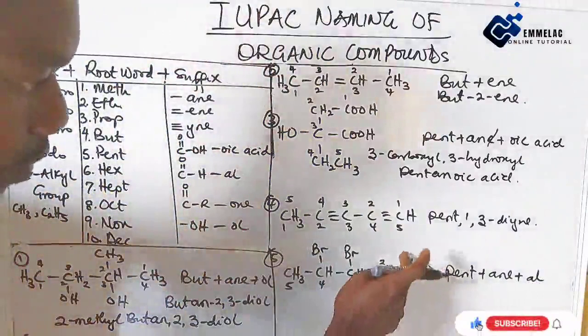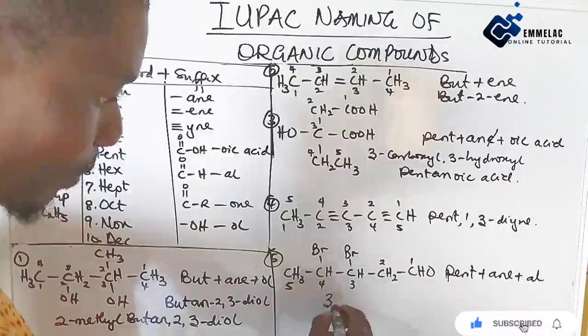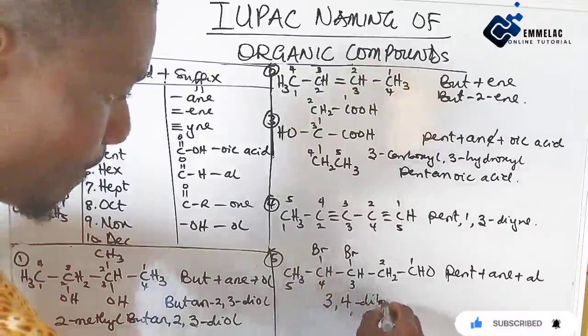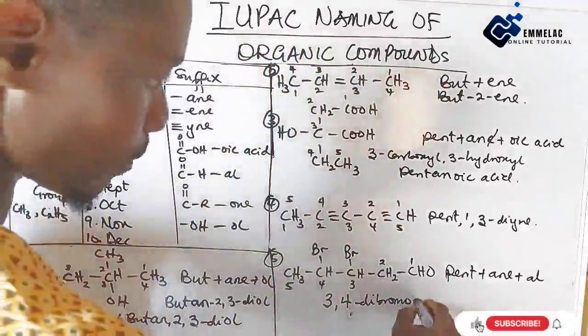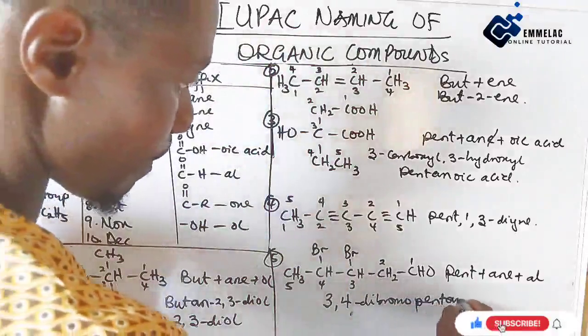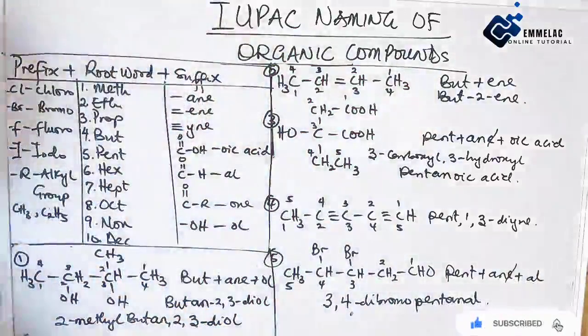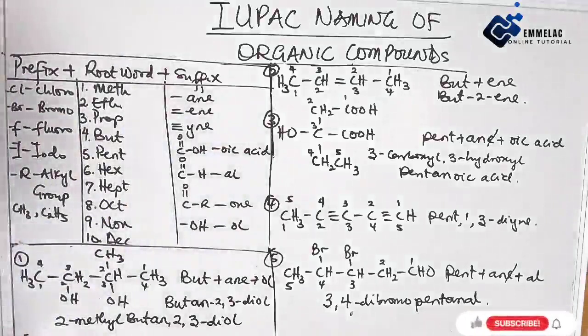So here you have 1, 2, 3, 4. So here you have 3, 4 dibromo pentanal. You cancel this one. These are the names of the compounds we made use of as examples.